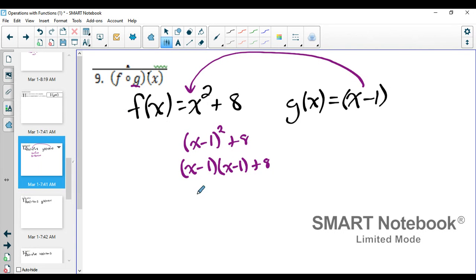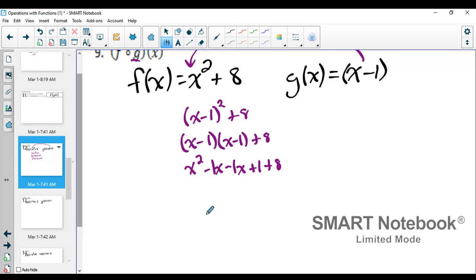So x times x is x squared. x times negative 1 is negative 1x. Negative 1 times x is negative 1x as well. And the negative 1 times negative 1 is positive 1. And then just bring down this plus 8. And now we're just combining like terms. So there aren't any more x squared, so that's going to stay x squared.